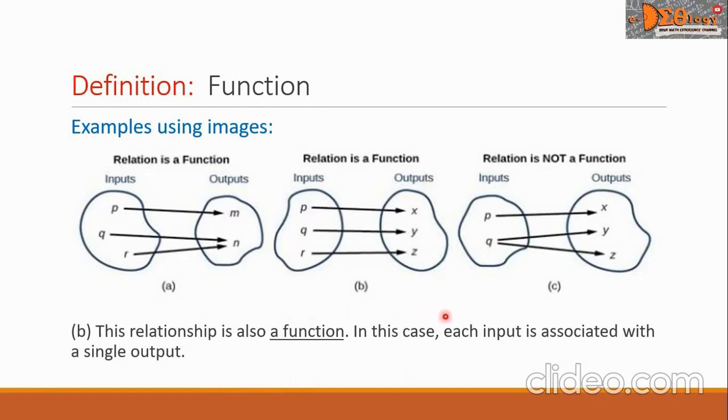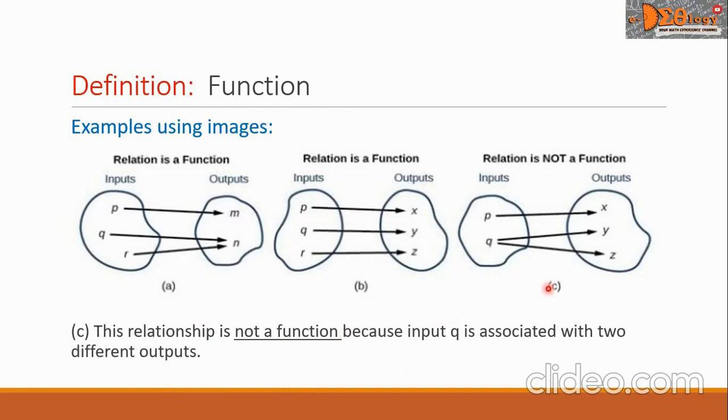In this case, each input is associated with a single output. In the third image C, this relationship is not a function because input Q is associated with 2 different outputs.